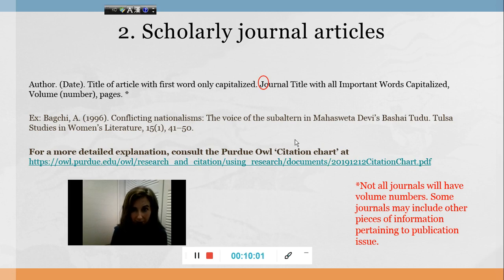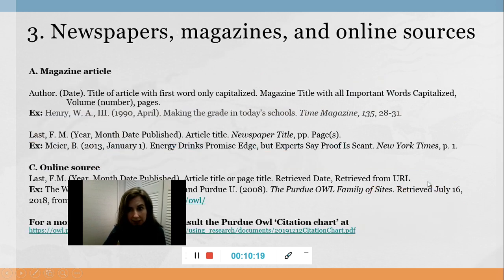Also, I should make a point that you can see here the journal title is going to have just all important words capitalized. You can see that here, highlighted with the circles. Okay, why don't we move to the next slide?